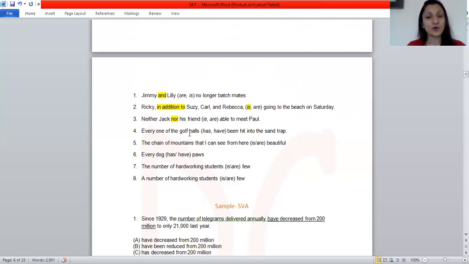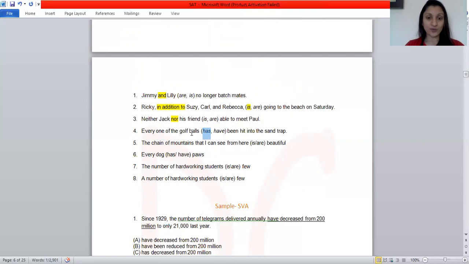Every one of the golf balls have or has. Now you see we're talking about golf balls, that's the noun, but we use the word everyone before that. Every one of the. So now has is singular, have is plural, in case you did not know that. Has is singular, and because everyone is my subject, which is a singular subject, you'll have to use has, not have.